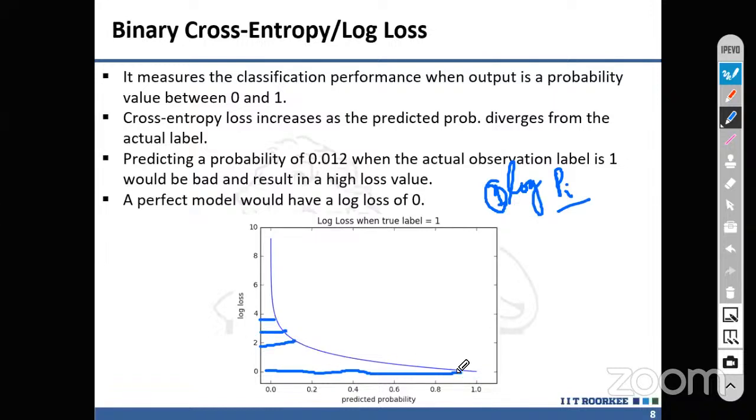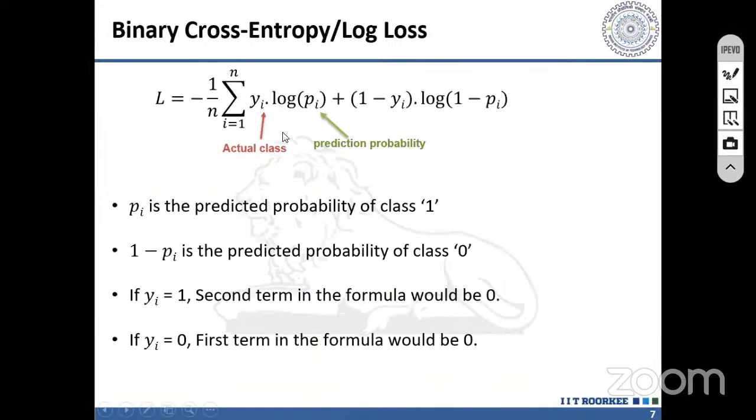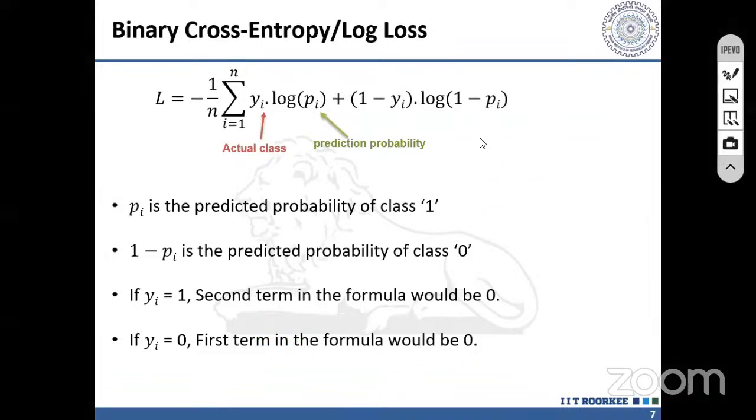When the prediction is close to 1, then the loss function is 0. So this is the cross entropy error. Similarly, if we use 1 minus y into log 1 minus pi, it will happen in the same way.